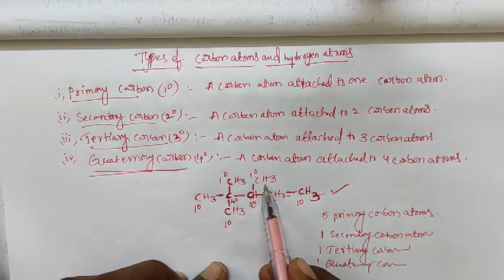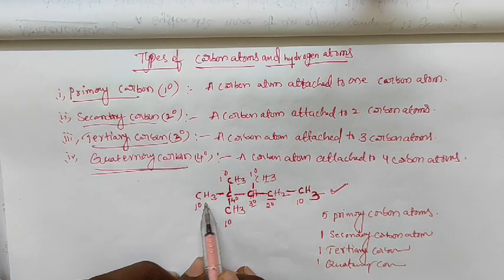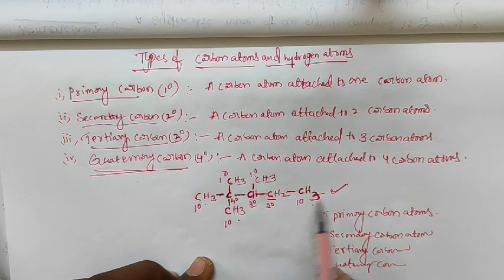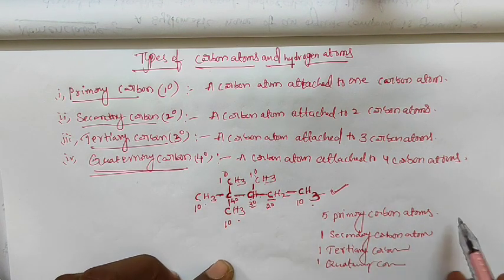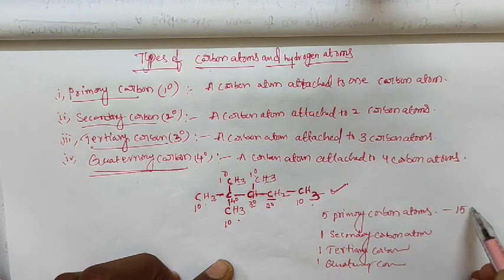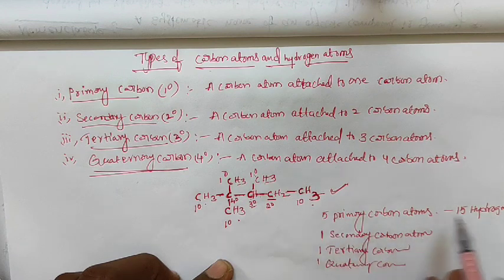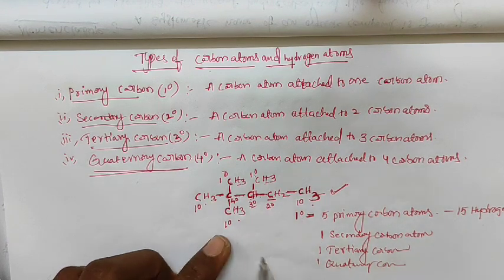Here 3 primary hydrogens, here also 3, here also 3, here also 3, here also 3. So totally 5 times 3, 15 hydrogen atoms are there. These are primary hydrogen atoms.